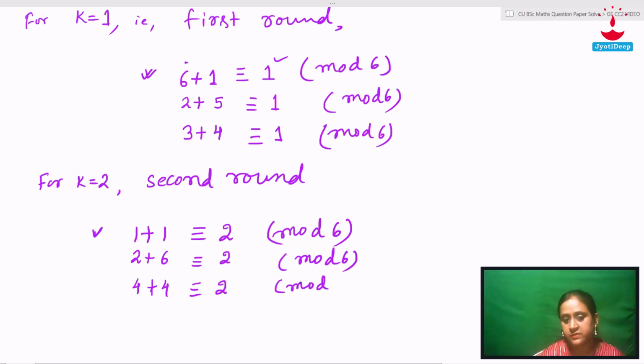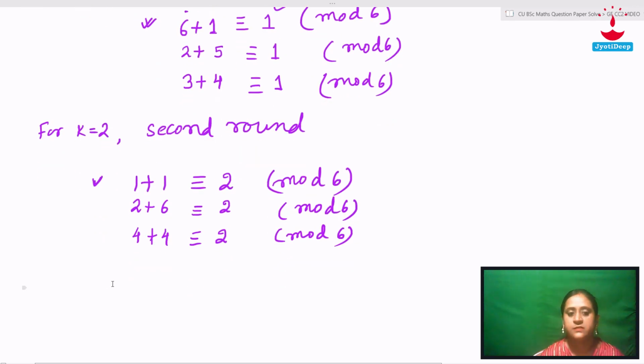Under mod 6 it will give 2, so second round. Okay, 3 plus 5, that is 8. It will also give 2 under mod 6, so in the second round. Okay, this is the schedule for the second round.